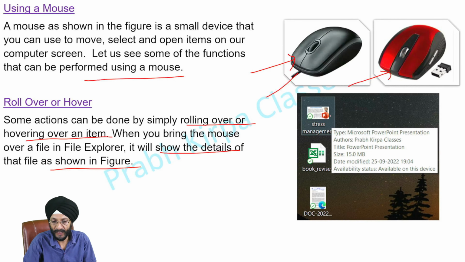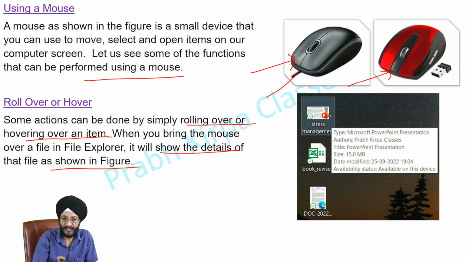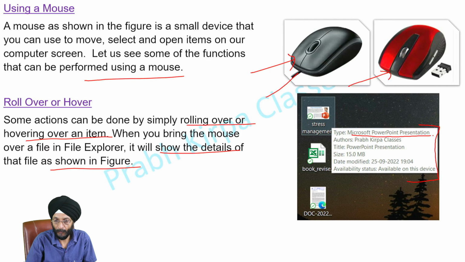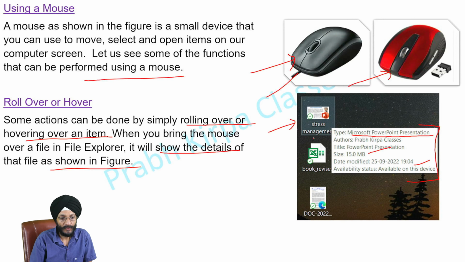Here in this picture we have brought the cursor on the relevant file and all the details of the file are given here. That is, it is a Microsoft PowerPoint presentation. The name of the author, the size of the file, when the file was prepared, all this type of information will be shown. So it is only rollover or hover of the mouse. That is, we only use the mouse for rolling over or hovering.